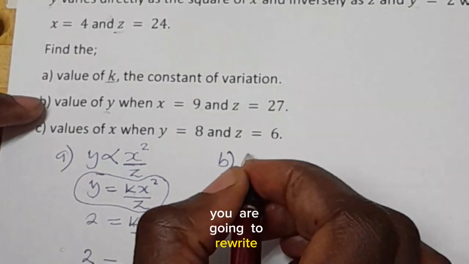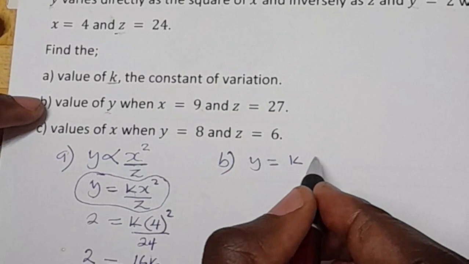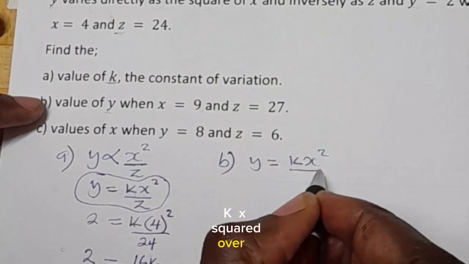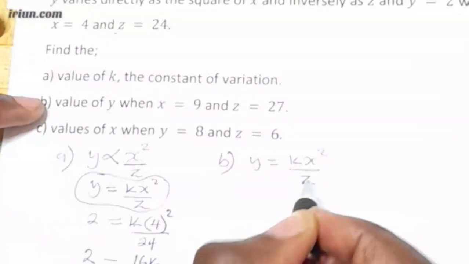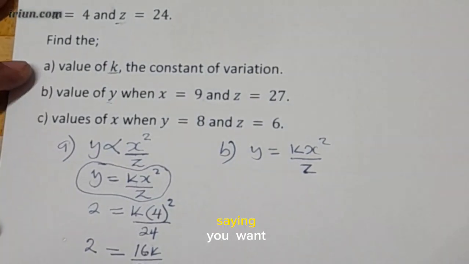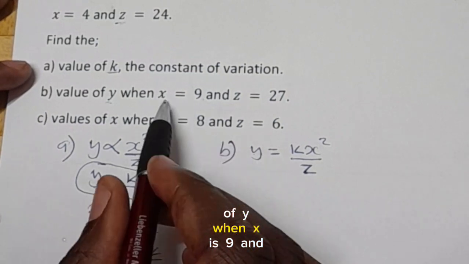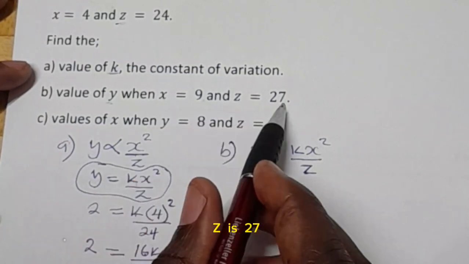So you are going to rewrite it: y is equal to kx squared over z. Now they are saying you need to find the value of y when x is 9 and z is 27.